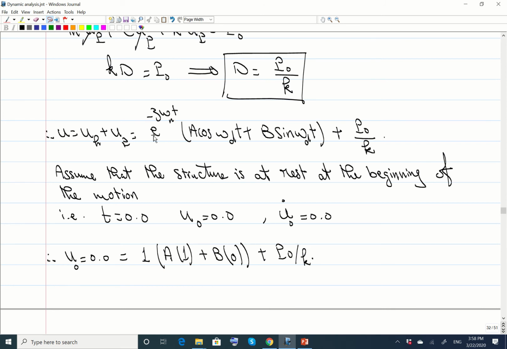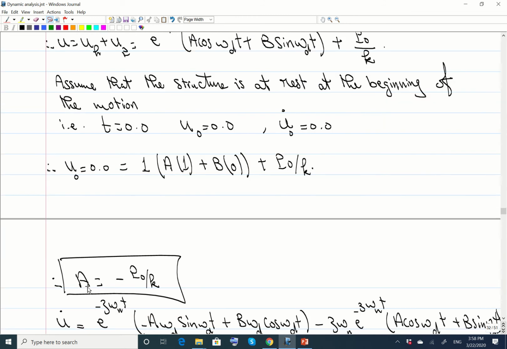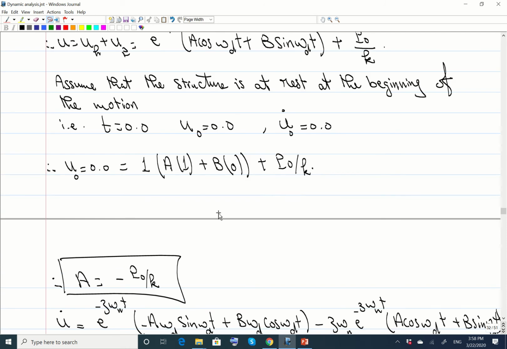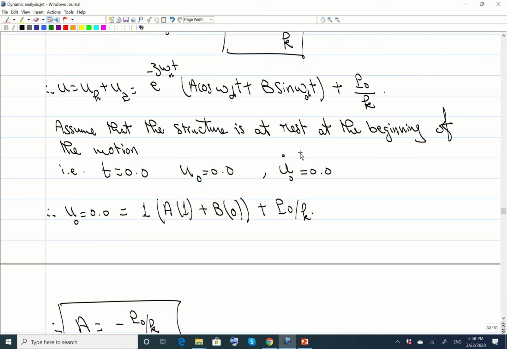When the time is 0, e power 0 is 1, multiplied by a cosine 0, which is 1, and b sine 0, which is 0, plus P node divided by k. From that we can find a, which is negative P node divided by k. To find the other constant b, we need to use the other boundary condition.